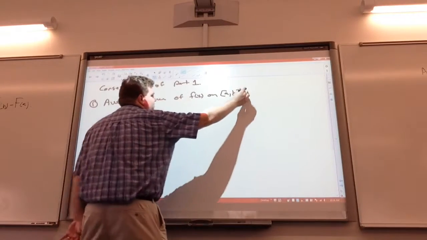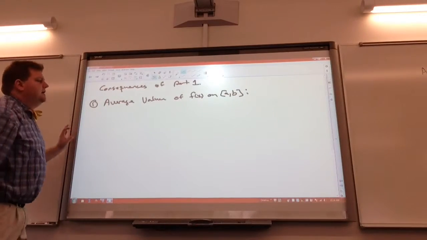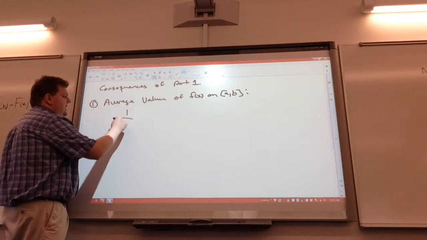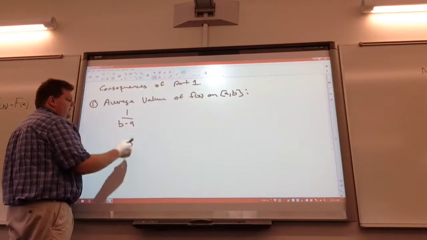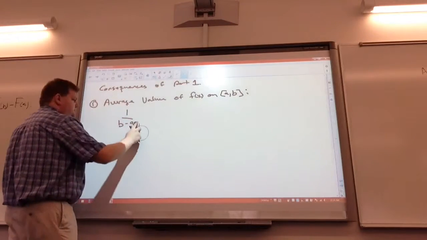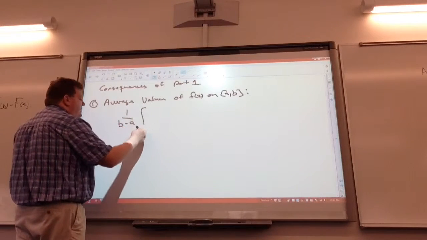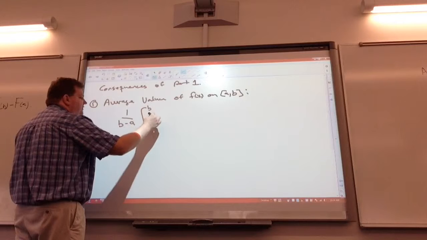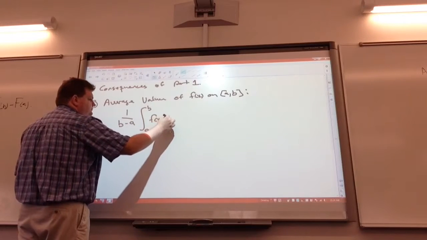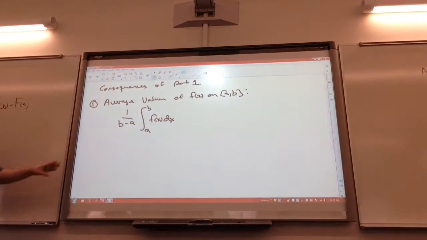The average value of a function on an interval is going to be 1 over the difference in that interval times the definite integral. That's our first thing there.